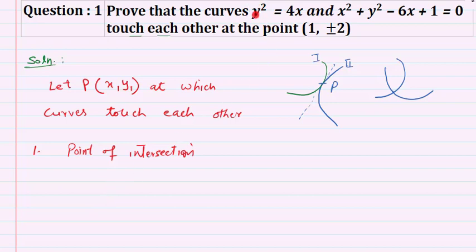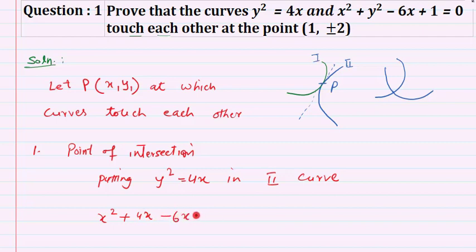So for that, you know very well, we will substitute the value of y square from curve 1 into curve 2. So putting y square is equal to 4x in the second curve, clearly it will be x square plus 4x minus 6x plus 1 is equal to 0.